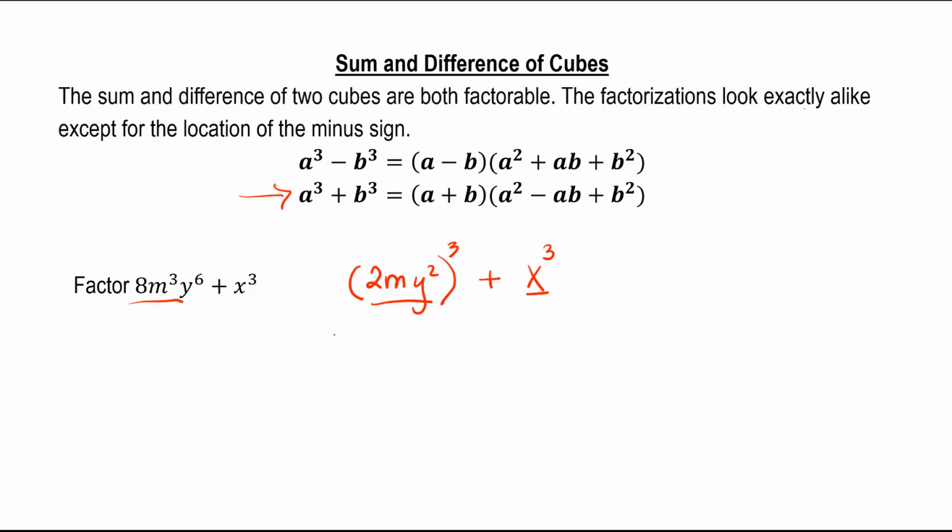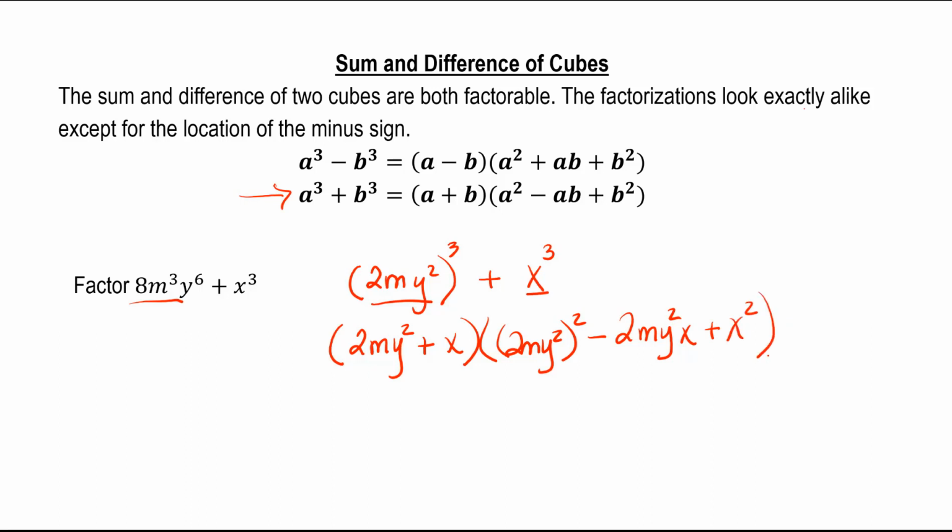So you start out with a plus b, so that's going to be 2my squared for your a, and x is your b. And then you have the second set of parentheses. You've got a squared, so it's going to be 2my squared, minus ab, so that's 2my squared x, and then plus b squared, and x is your b, so x squared.